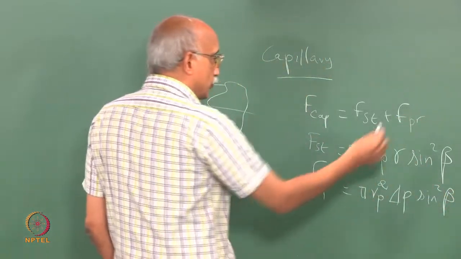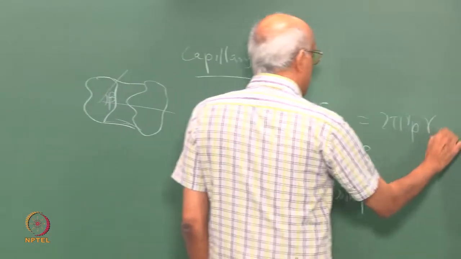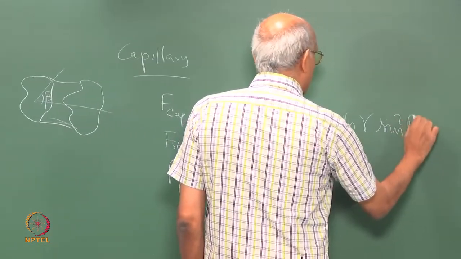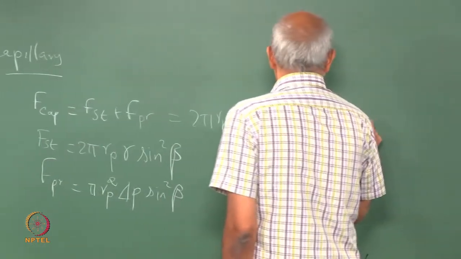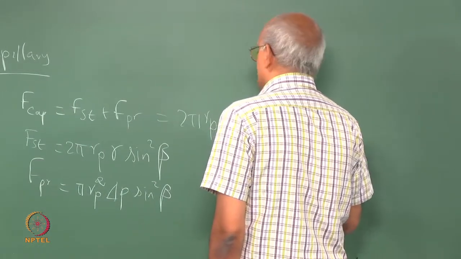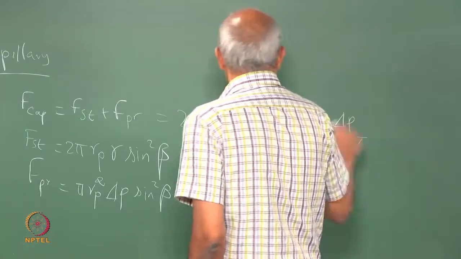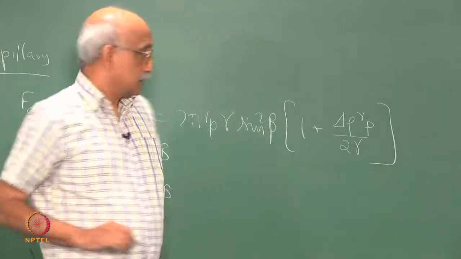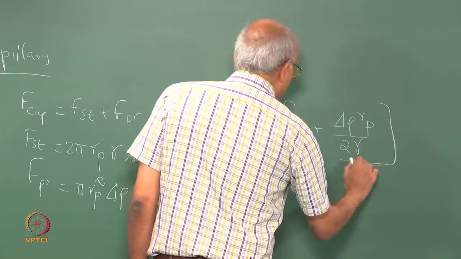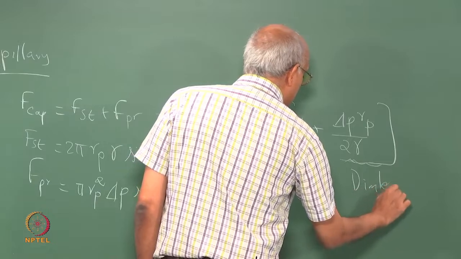So this total force you can write as 2 pi rp gamma sine squared beta times 1 plus delta p over 2 gamma rp, and this dimensionless parameter is called the dimensionless mean curvature.